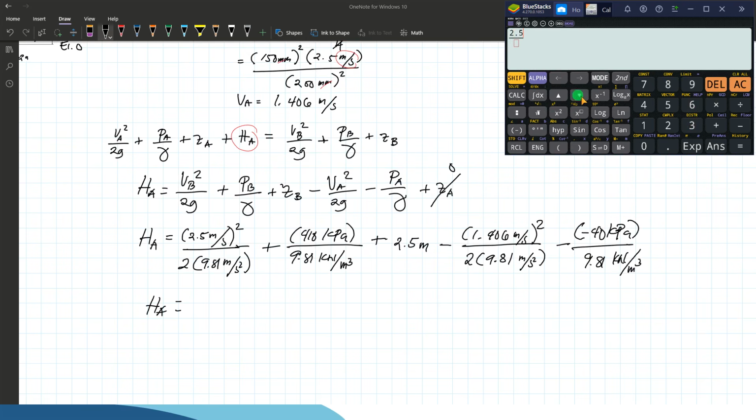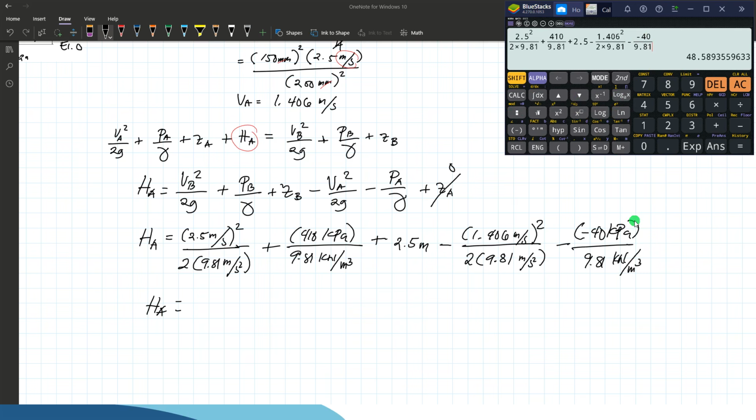Two times 9.81, plus 410 over 9.81, minus the squared term, minus negative 40 over 9.81.